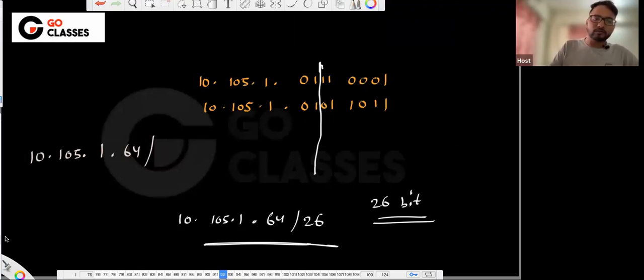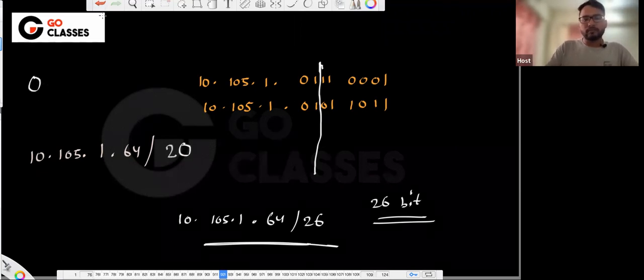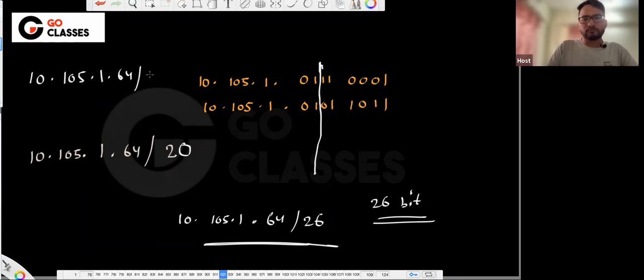Now tell me, does this also have all of these IP addresses? Yes, right? Okay. Tell me, does this have all of the IP addresses? /0? Yes, it also has, right? It is basically saying that nothing is fixed. I mean, you can change everything.